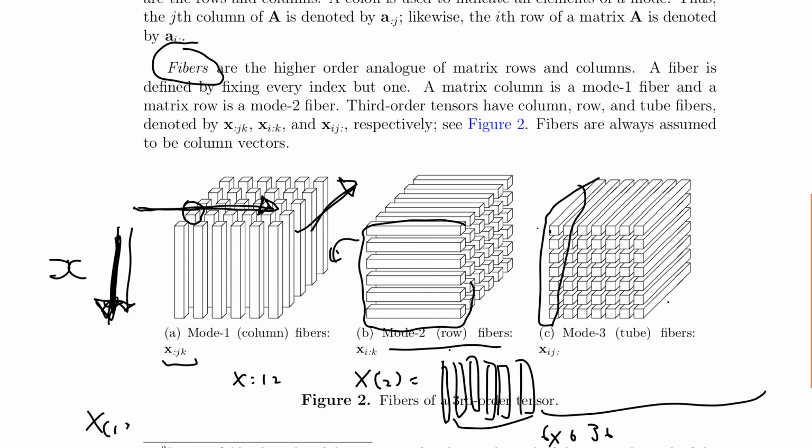If I have a mode 2 multiplication, let's say x with mode 2 multiplication with some vector b here.